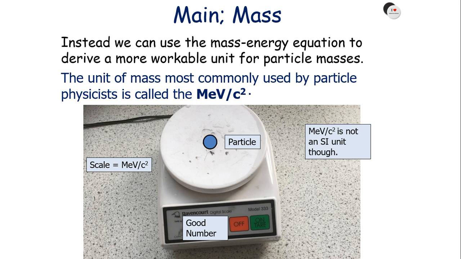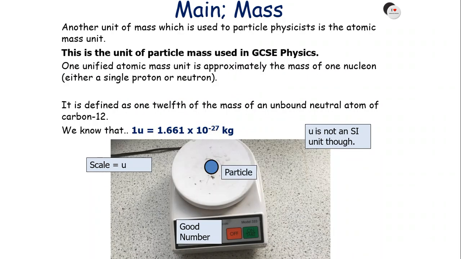Now again, that's not an SI unit, but sometimes we use it in particle physics because it gives us a nice round whole number or large number to actually work with. So not working in times 10 to the minus 27s, we're actually working in 10s and 20s and 40s and 50s. Okay, now the other way you can measure it is in something called u's.